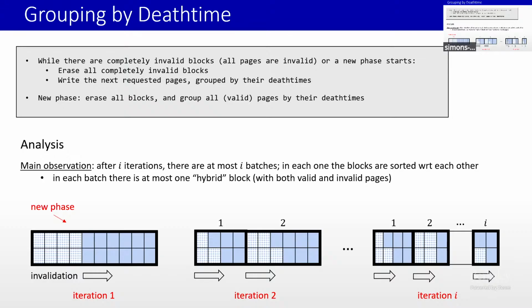After i iterations, I'm going to have i batches. In each batch, the blocks are sorted with respect to each other in terms of the order they die, plus at most one hybrid block.